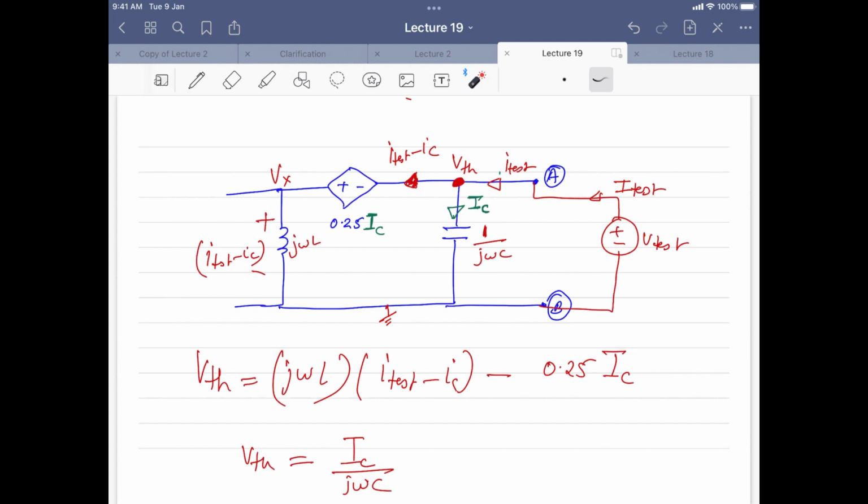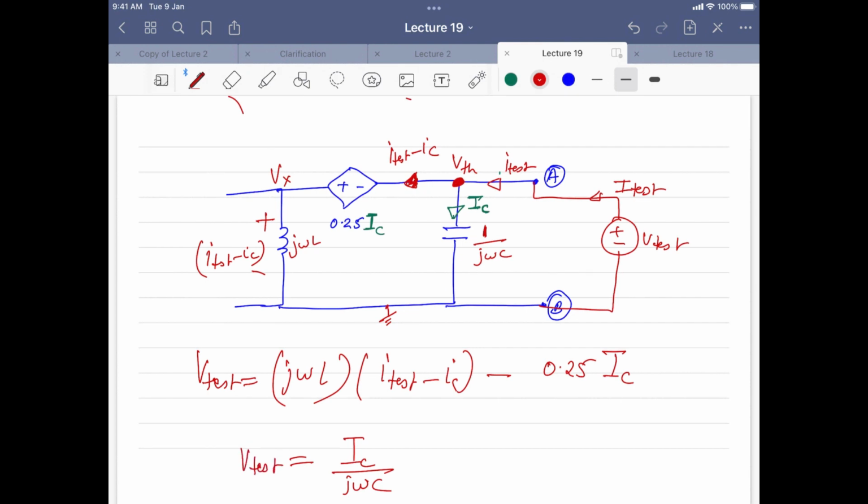So now our job is what? You know that this VTH which I am writing over here, is it the same as V test or not? Yes, sir. So if it is the same, then we can replace this by V test, and this is also replaced by V test.